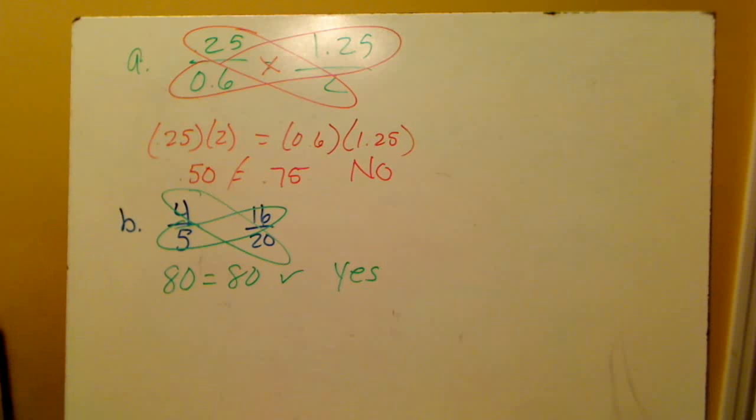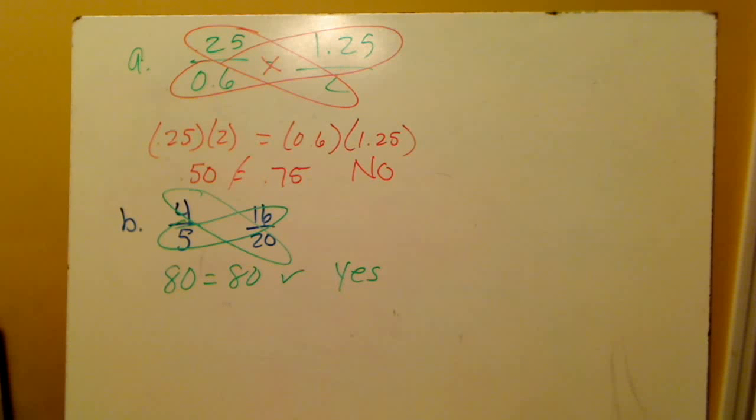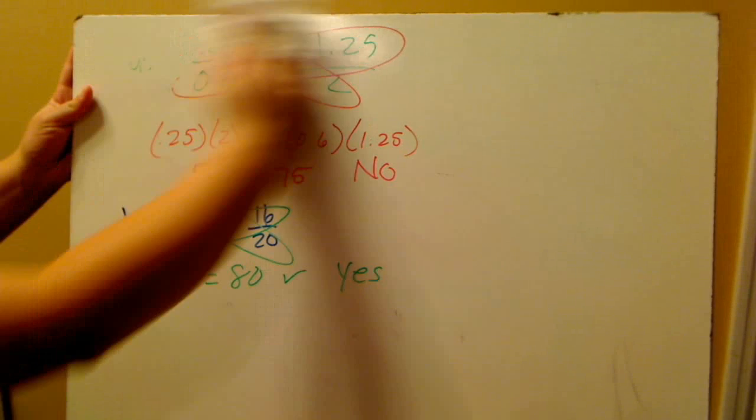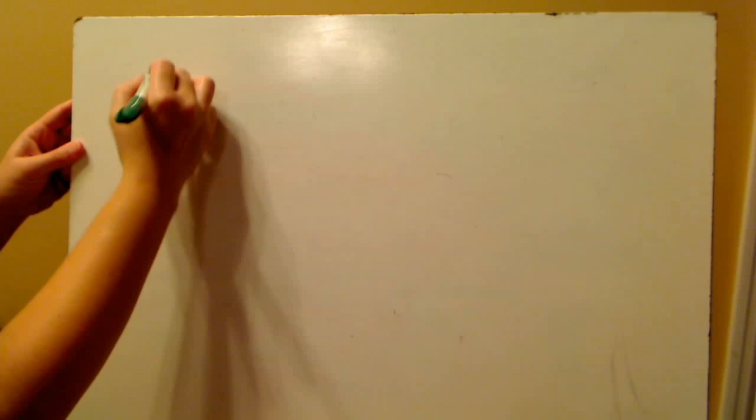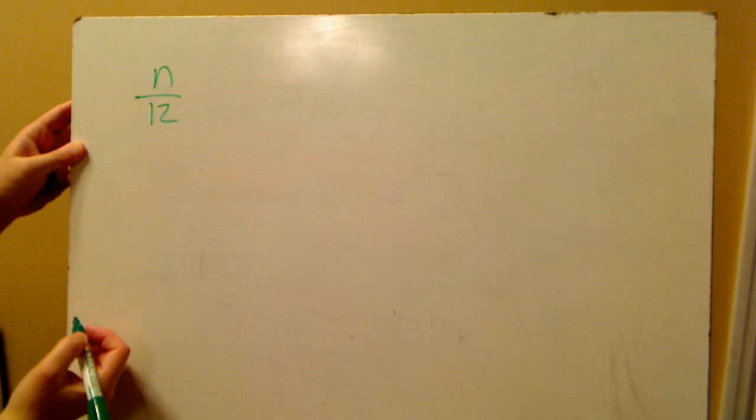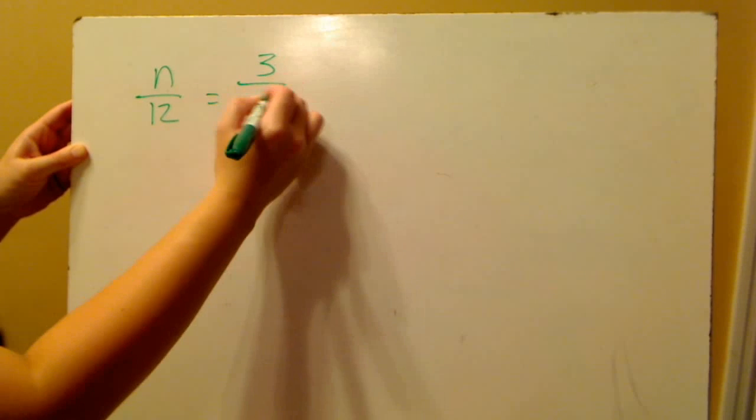Okay, the next example throws in the variable, throws in the algebra part. In the next example, it says we want to solve for n. N over 12 equals 3/8.